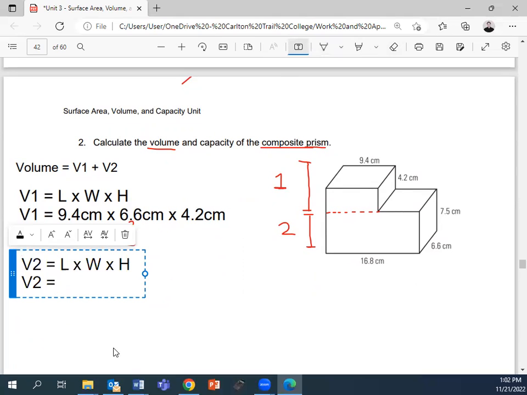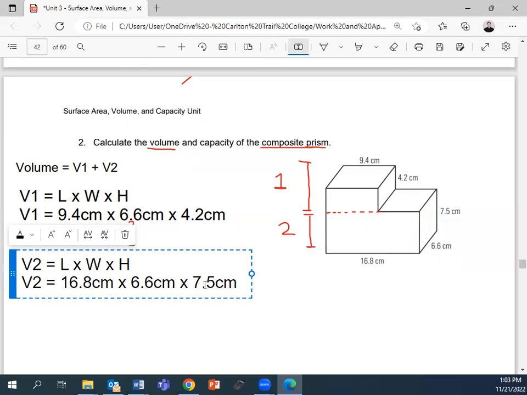Is that centimeters cubed? Centimeters cubed, you betcha, because it's volume. So what I'm going to do is take my length, which is 16.8 centimeters, times my width, which is going to be 6.6. Remember, you do your base first, then you do the height. And my height in this case is going to be 7.5 centimeters. So 16.8 times 6.6 times 7.5.